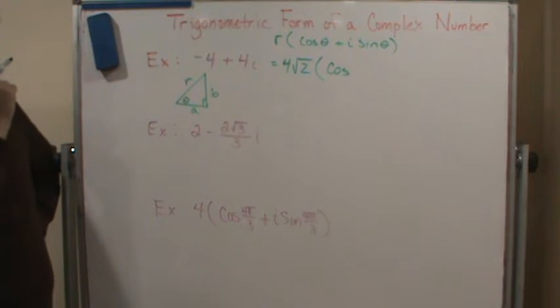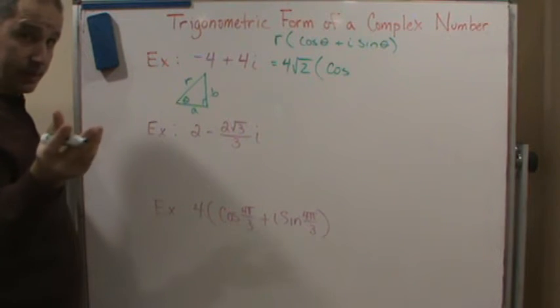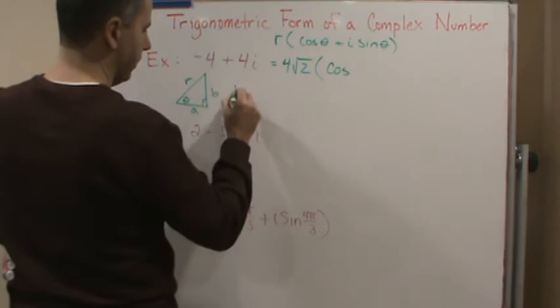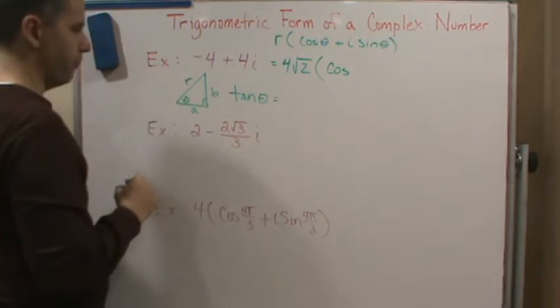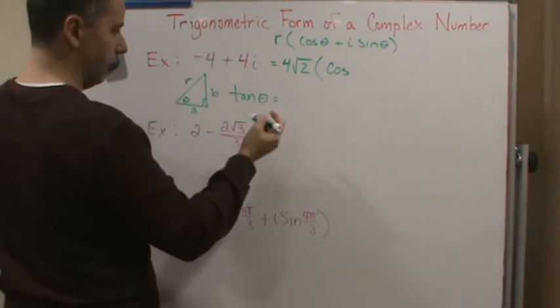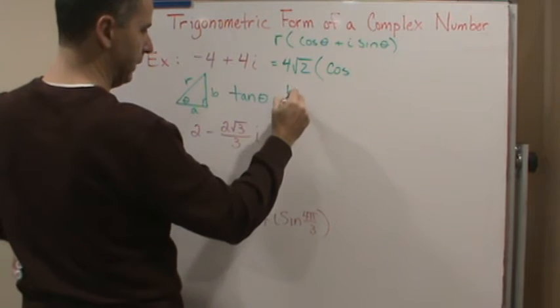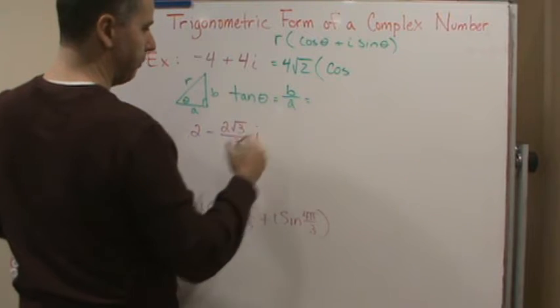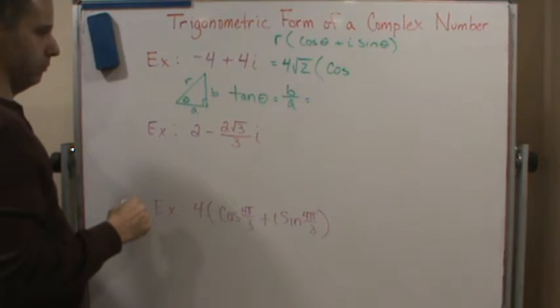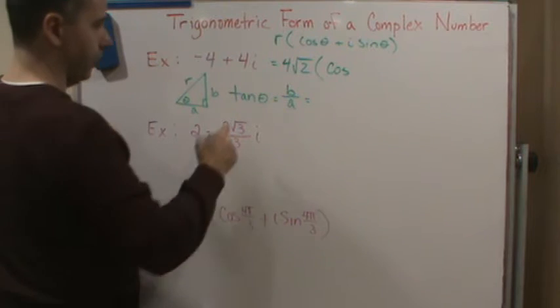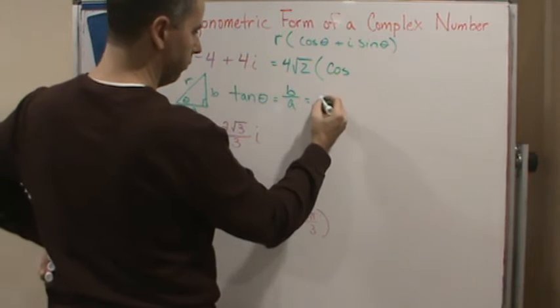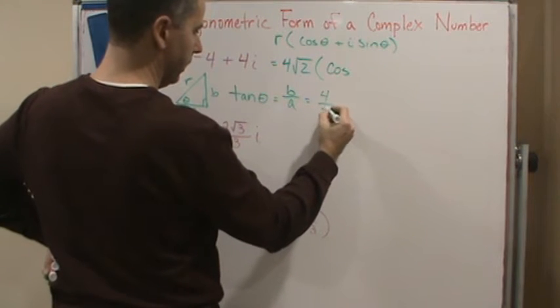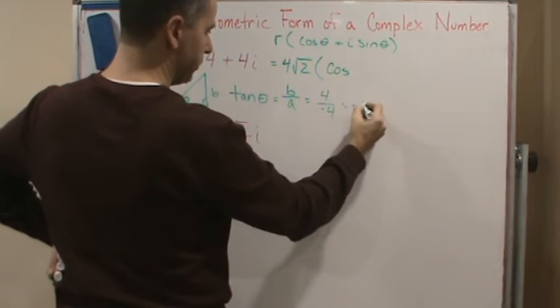So let's use tangent. Tangent theta equals what? Opposite over adjacent, so it's B over A. That's 4 over -4, which equals -1.